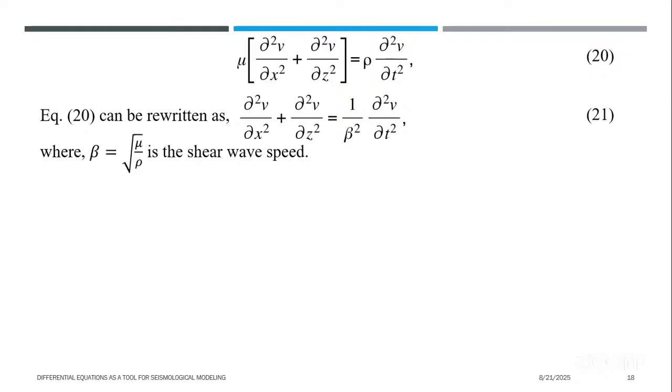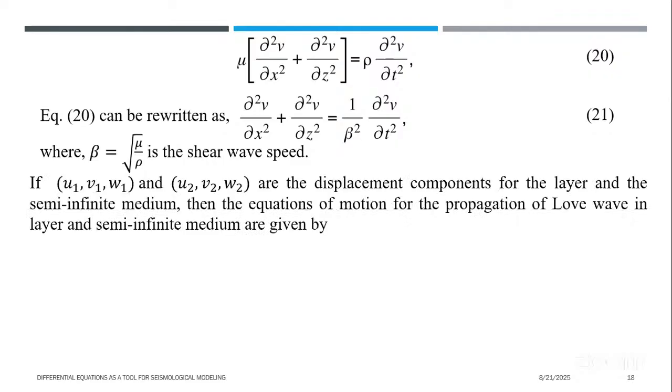Now, here beta is basically the shear wave speed, square root of mu upon rho. We know that we are having two media, one layer medium and one semi-infinite medium for our study. So considering that u1, v1, w1 is for the upper medium displacement due to the occurrence of those Love waves, and u2, v2, w2 is for the half space, or you can say the semi-infinite medium.